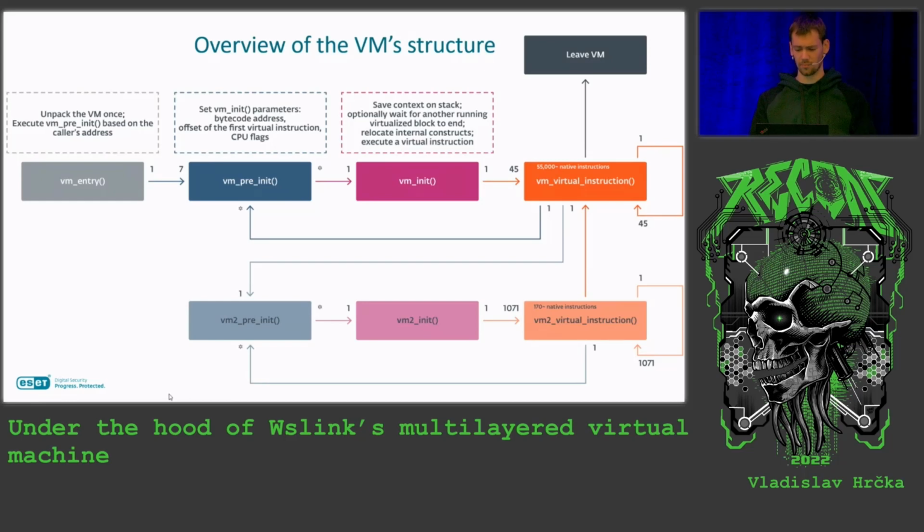On average they had around 170 native instructions, and the instructions in the third one are around 55,000. It uses direct threading, and each virtual instruction can either execute another one, leave the VM, or execute another VM preinit.